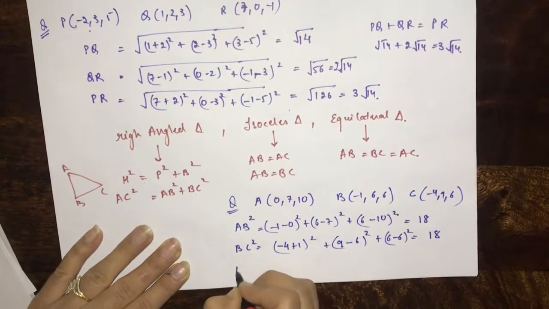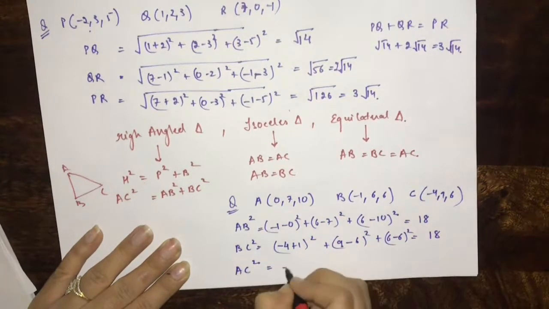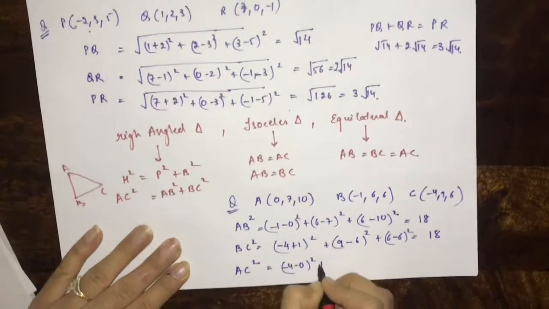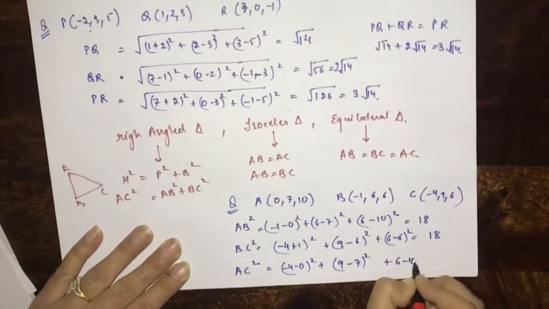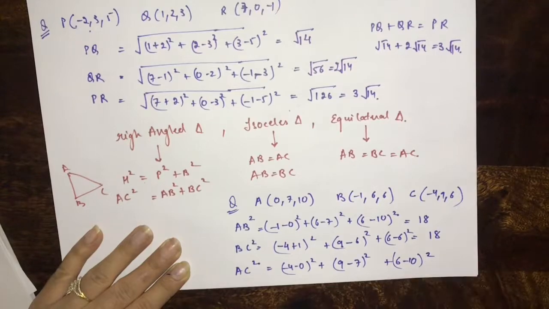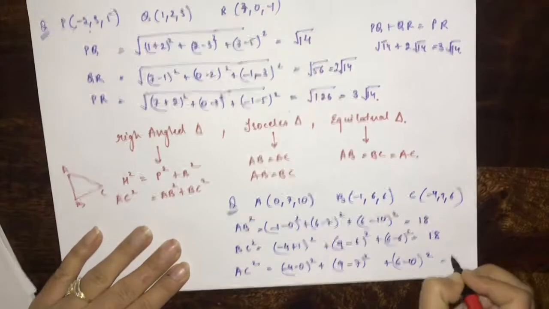You find AC square. You have AC: minus 4 minus 0 square plus 9 minus 7 square plus 6 minus 10 square. Solving it, 16 plus 4 plus 16, which is 36.